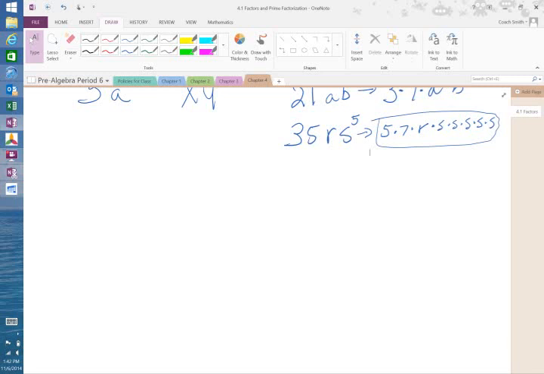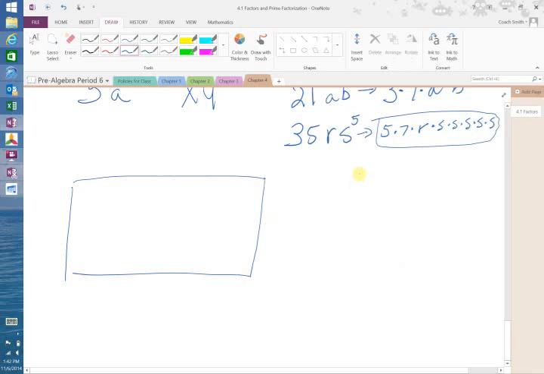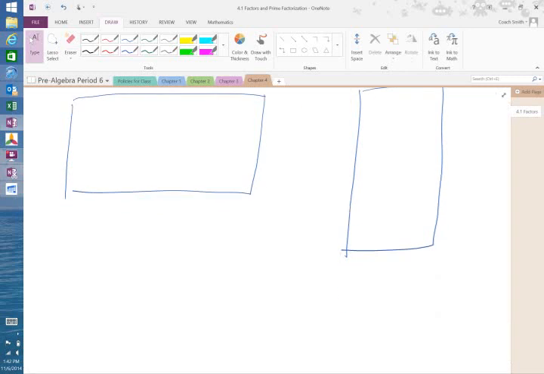Okay, so they want it in a rectangle. A rectangle could look like that, a rectangle could look like this. But they want to have the same amount of coins in each row. So obviously, what's the first way that should be the easiest way to do that?